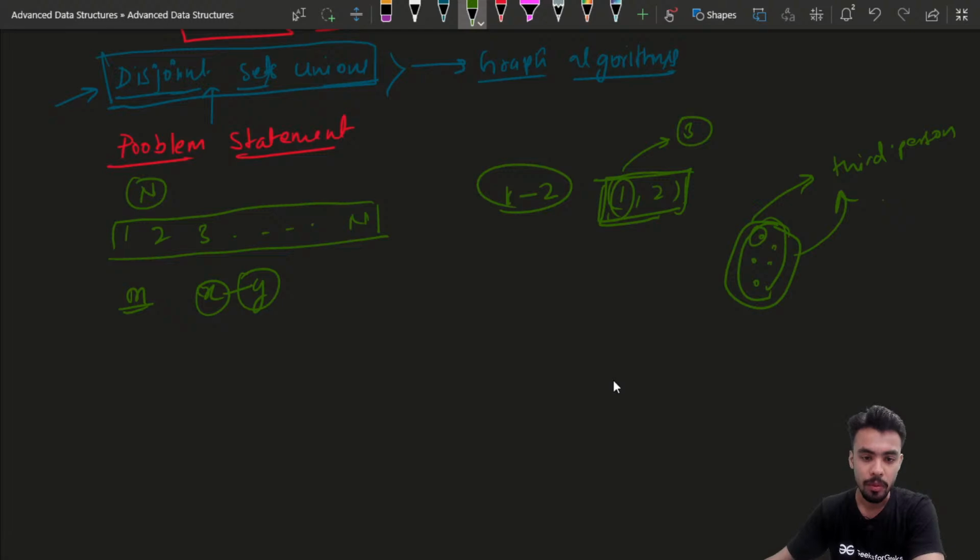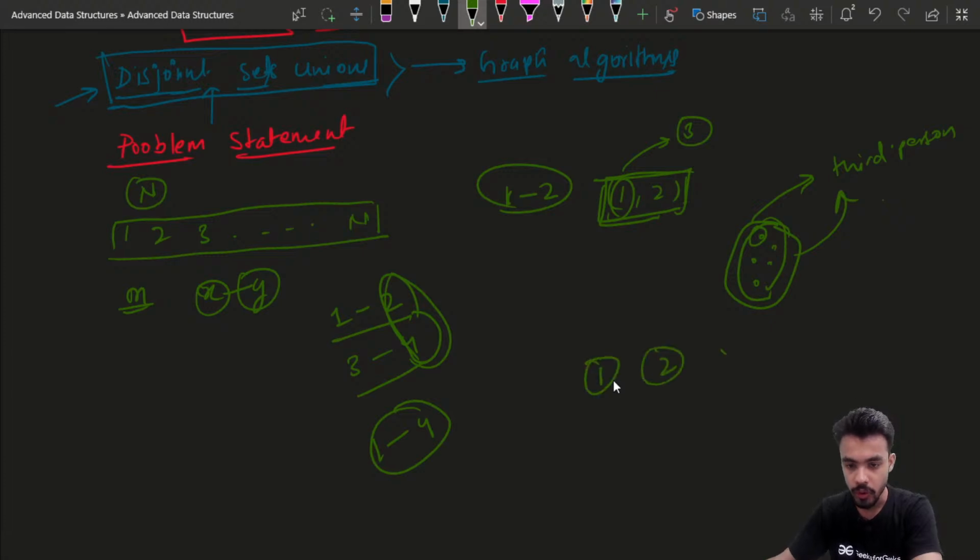Suppose 1 is a friend of 2, and 3 is a friend of 4. If 1 is also a friend of 4, then 2 is also a friend of 4, because originally we have 1, 2, 3, 4 as separate identities.